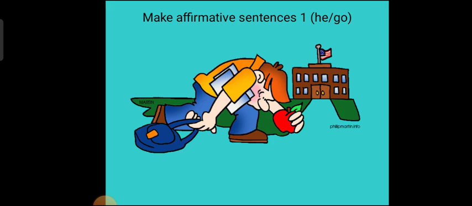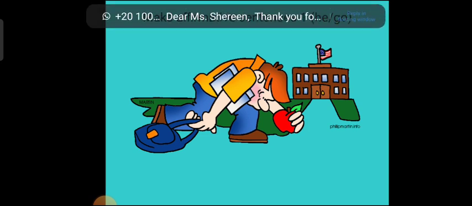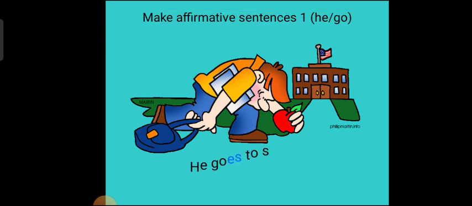Make an affirmative sentence: he and go. Okay? He goes to school. Don't forget to add s or es when you use he.